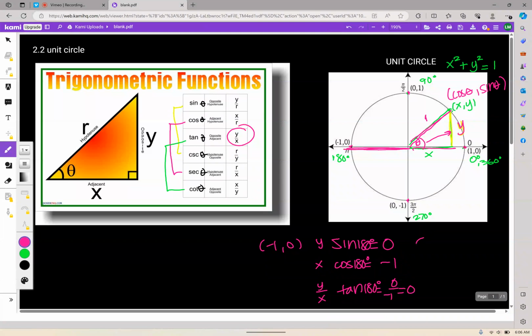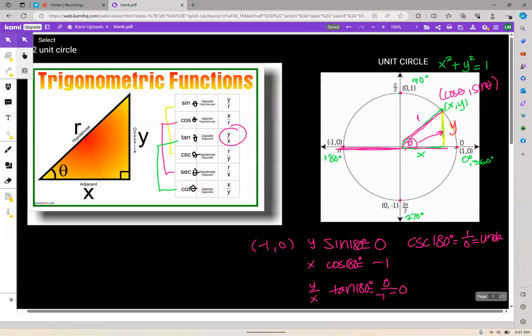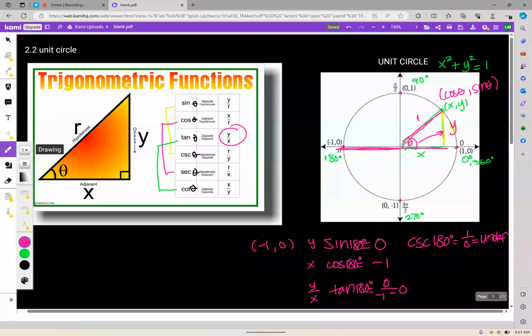All right, so now let's do the reciprocal functions. Cosecant of 180 is 1 over 0, which is undefined. I'm not going to be able to get that on there. Maybe I can move over just a little bit. All right, I'll get undef on there. All right, secant of 180 is a reciprocal of -1.